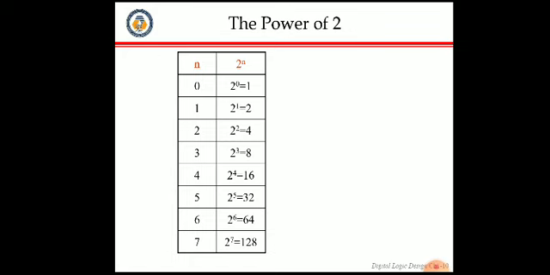When n equals 1, 2 power 1 is 2. n equals 2, 2 power 2 is 4. n equals 3, 2 power 3 is 8. n equals 4, 2 power 4 is 16. n equals 5, 2 power 5 is 32. n equals 6, 2 power 6 is 64. n equals 7, 2 power 7 equals 128.